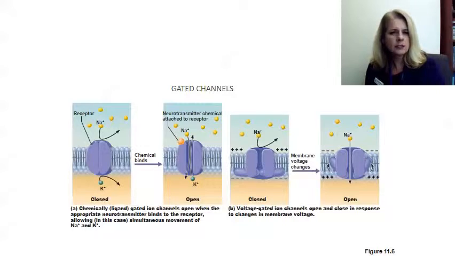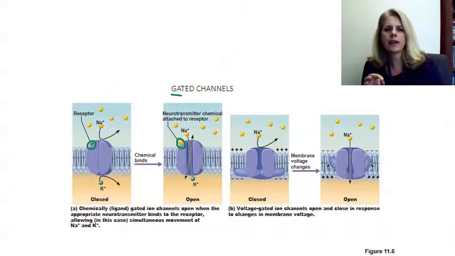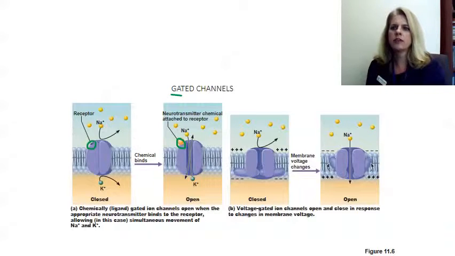What these gated channels look like, this will be a ligand-gated channel. You can see there's a receptor, and a neurotransmitter has to physically bind to that site, which opens up the channel and allows things to flow back and forth, okay? If it's a voltage-gated channel, you can see here are your positives and here are your negatives. Well, if something causes a change in the potential, there's a change in the voltage.